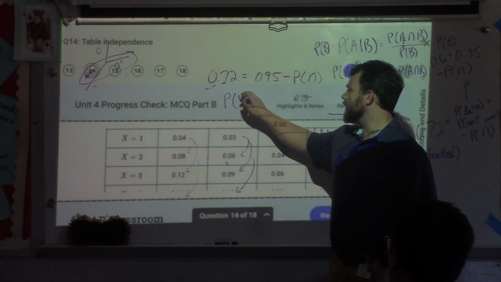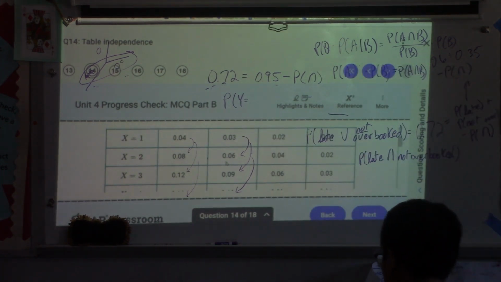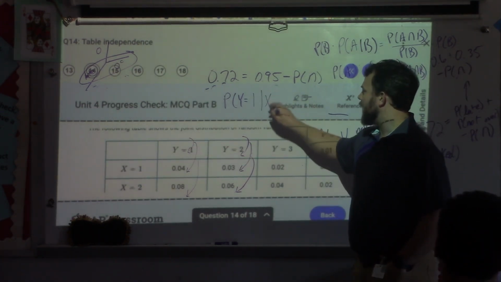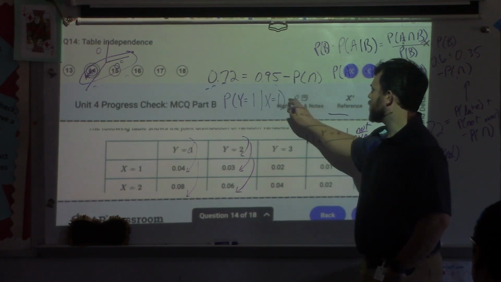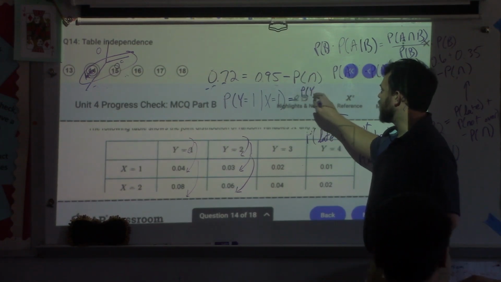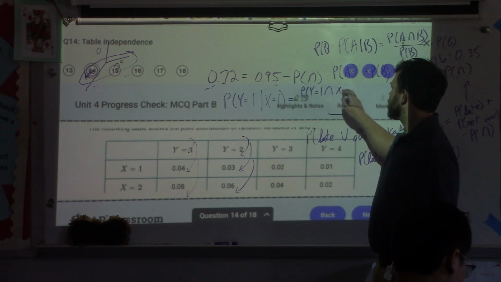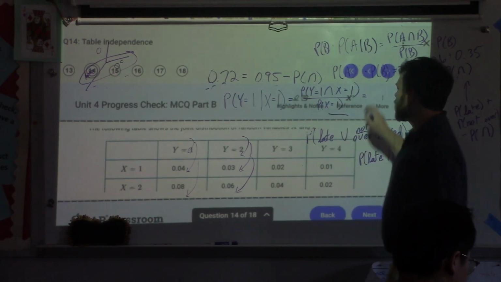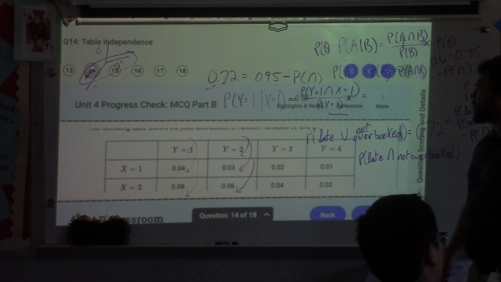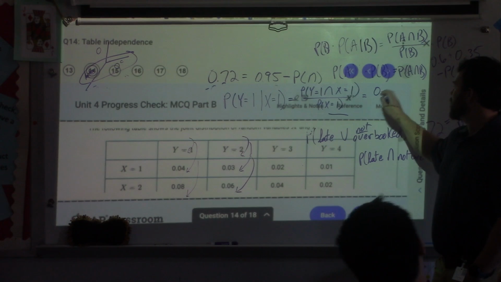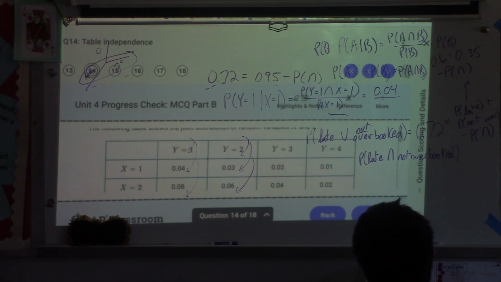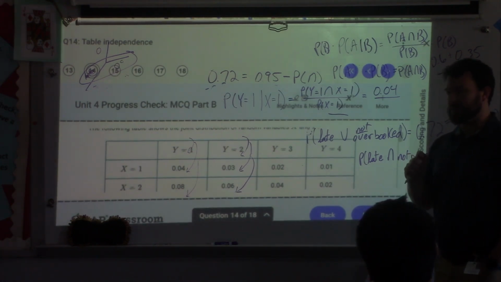Now, if you didn't like looking at the table this way, did you take the time to say probability of y equals 1 given x equals 1? So probability of their intersection divided by the condition. The probability that y equals 1 and x equals 1 is 0.04, divided by the probability that x equals 1.